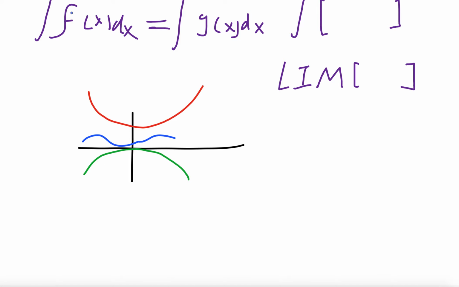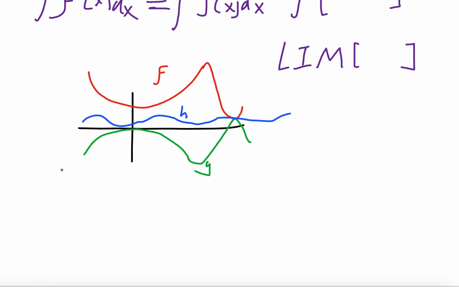So in a way, if you have, let's just say, f over here, you have g on the bottom, and you have h on the top, where they squeeze the function in the middle at some point like this. And we're just going to extend this function like here. So this is the point at which everything's squeezed together. Then you have f is greater than or equal to h, which is greater than or equal to g.